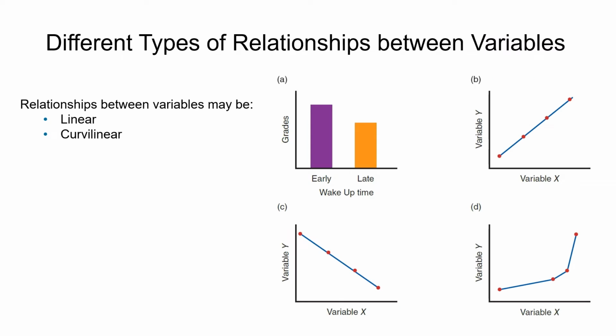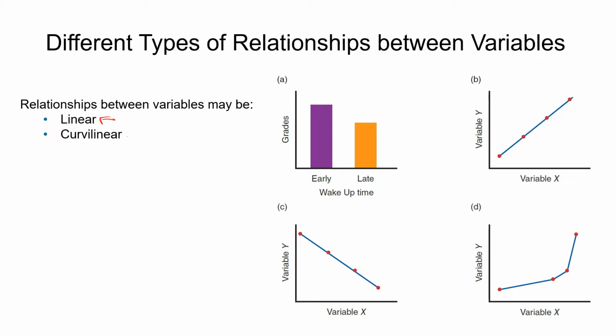So when we're talking about that, we've got different types of relationships between variables. And again, in stats, we talk about this, but looking at it from the methods perspective, you can have different types of relationships. You can have linear relationships, which is where you're testing things like Pearson's r, the correlation coefficient.